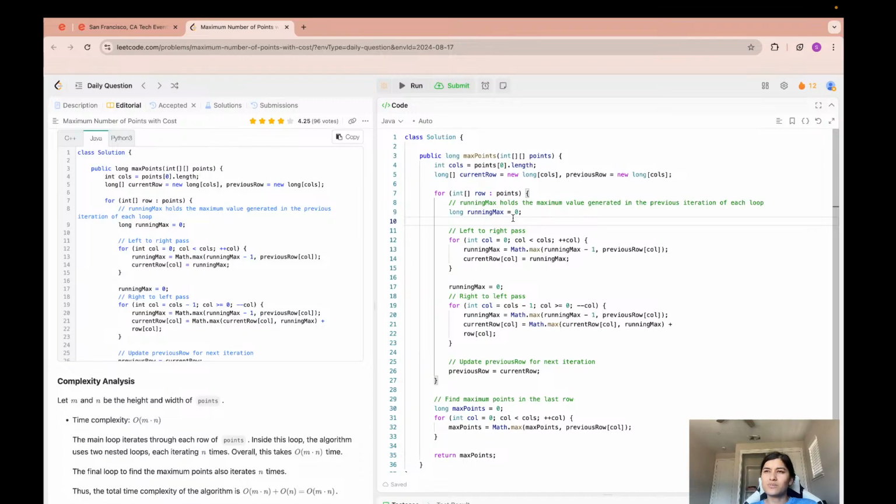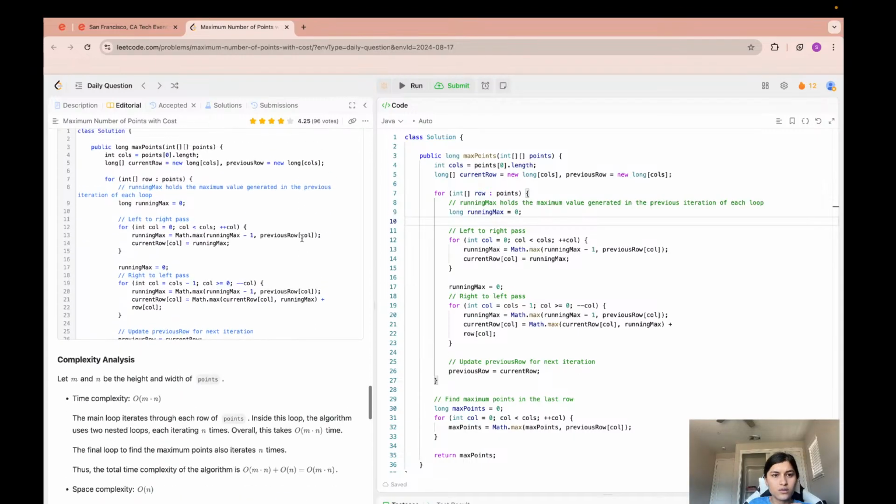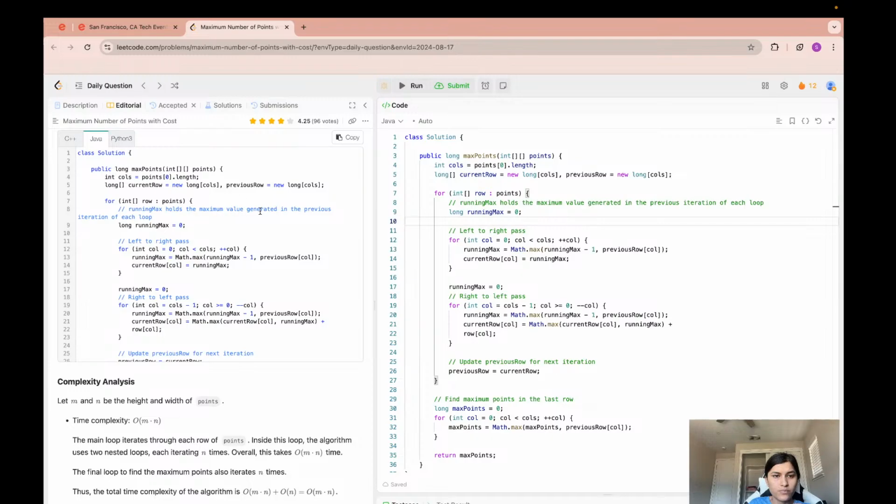So yeah, this was my solution, right? My solution was just to compare two rows. First of all, the first row is just the values only, and from the second row I will use the previous row to get the maximum value.